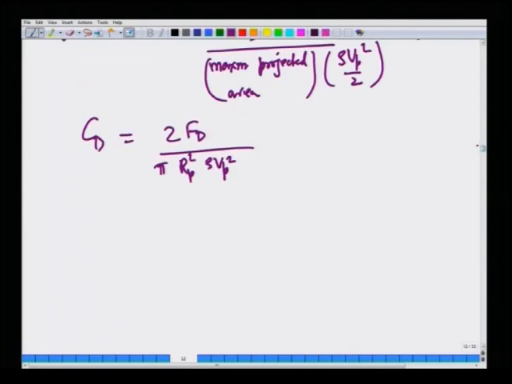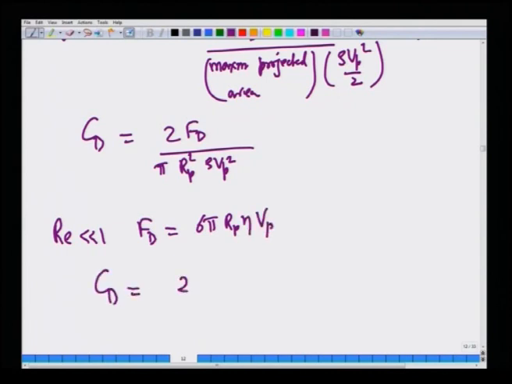Now, if I substitute for Reynolds number small compared to 1, the drag force is given by the Stokes drag law, 6 pi Rp eta Vp. So, CD is given by 2 times 6 pi Rp eta Vp, divided by pi Rp squared rho Vp squared.